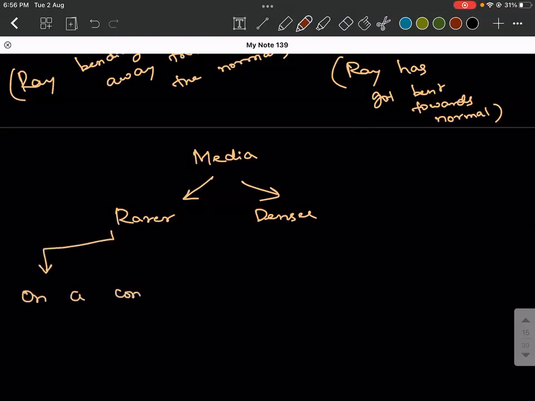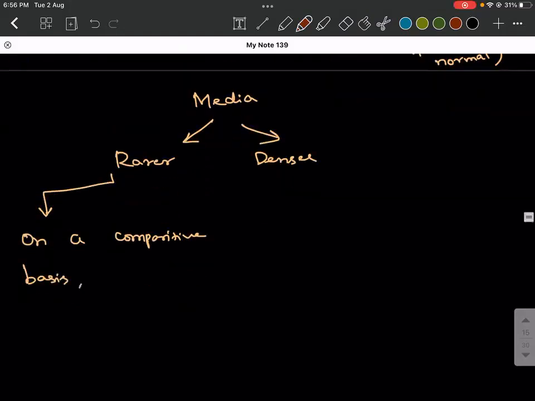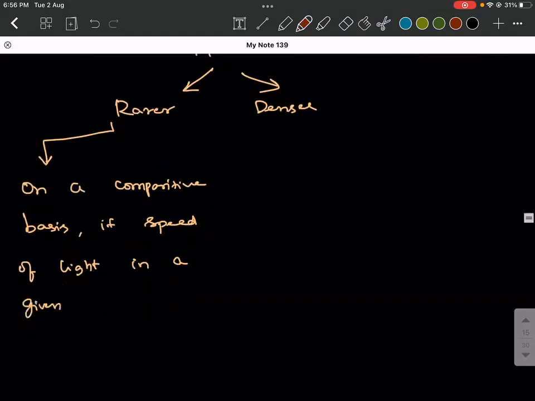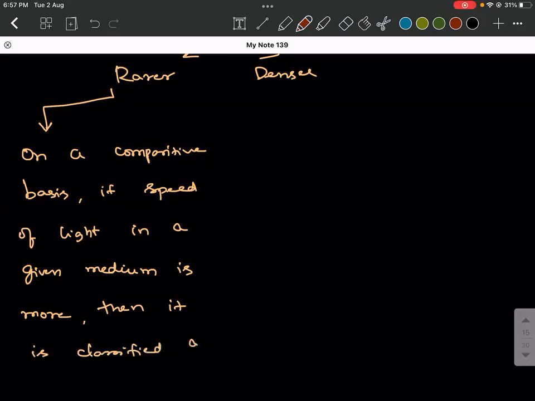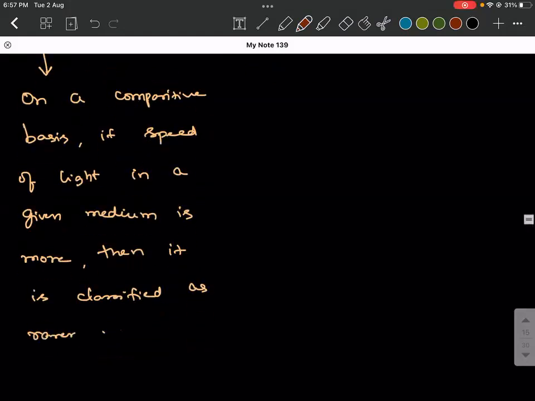On a comparative basis, if the speed of light in a given medium is more, I repeat, on a comparative basis, if the speed of light in a given medium is more, then it is classified as rarer medium.